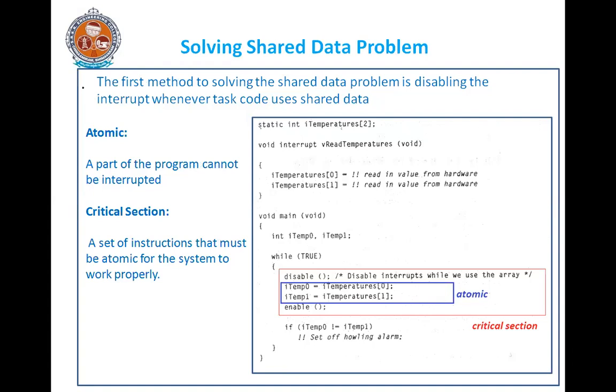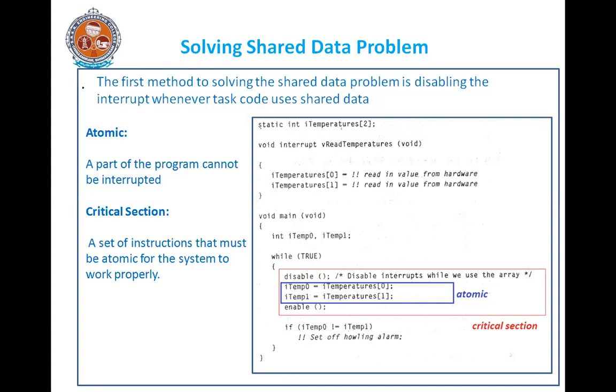Sometimes the word atomic means not that a part of the program cannot be interrupted at all, but rather that it cannot be interrupted by anything that might mess up the data it is using. From the perspective of the shared data problem, both definitions are the same.